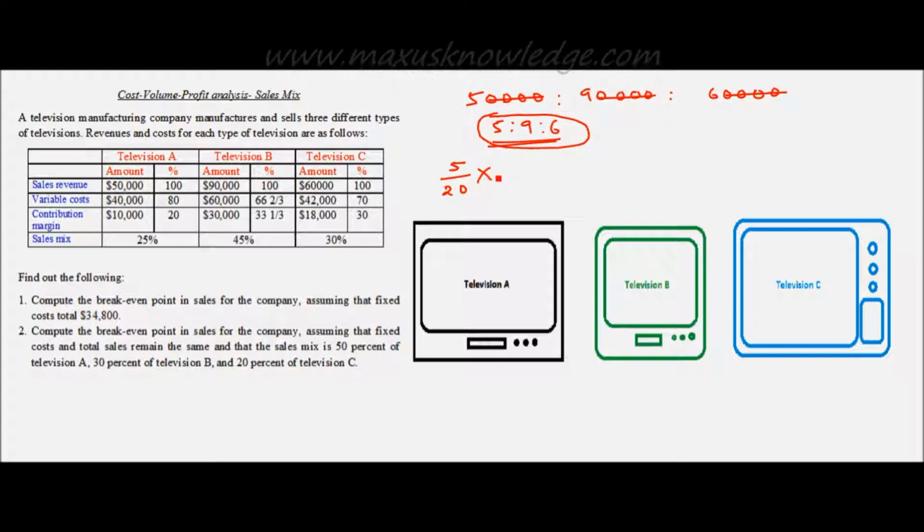And this we want to find out of a total of 100. So 5 times 5 is 25%.